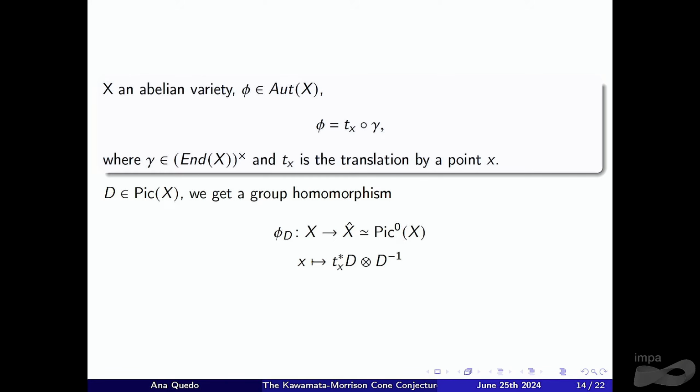And we have some tricks about abelian varieties. We can get a group homomorphism, fixing an element D of the Picard group. We have this phi D that takes an element x to its dual, the pullback of the translation tensored by D minus 1.